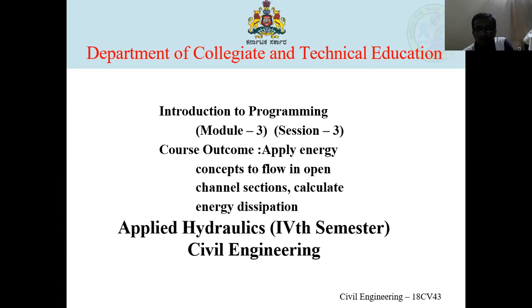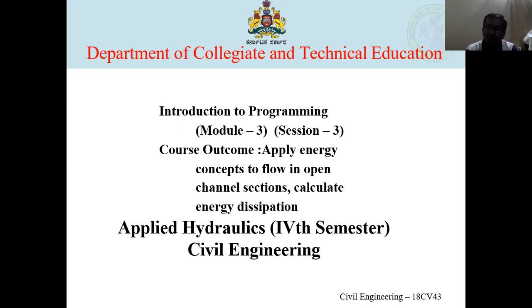And continuing, next we derive an equation which gives the relationship between the loss of energy with respect to the depth of flow before jump and after jump. Definitely once the hydraulic jump occurs, there is some amount of energy loss. The particular loss of energy is called energy dissipation.